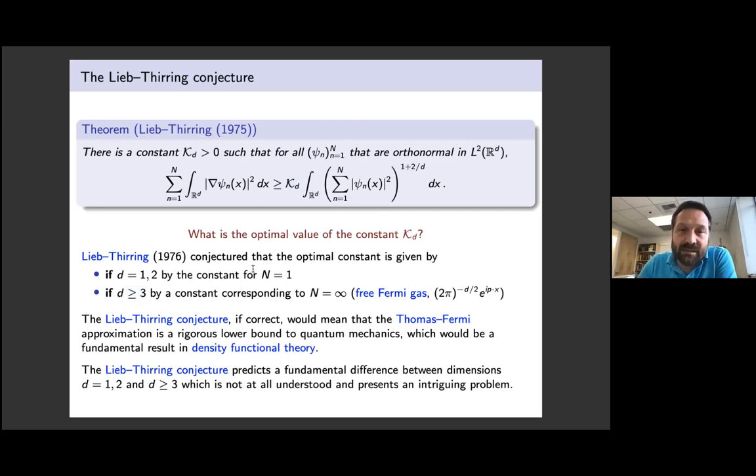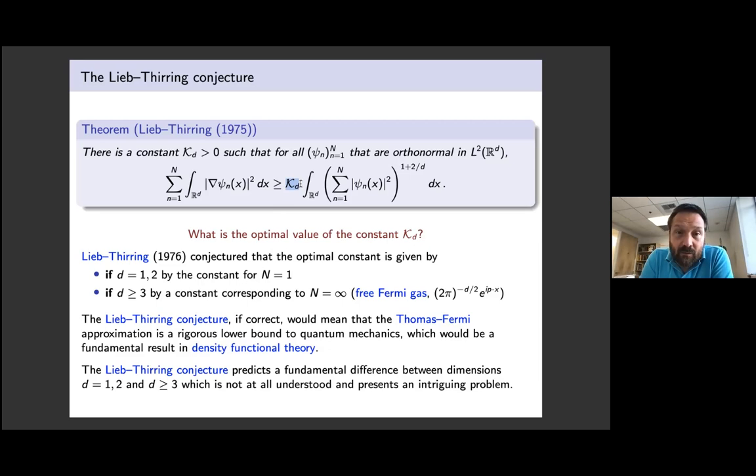And so then the constant that you would get in this inequality would be the constant that appears in the Thomas-Fermi approximation. That's an old theory that goes back to the 1920s, which is a statistical theory of an atom.